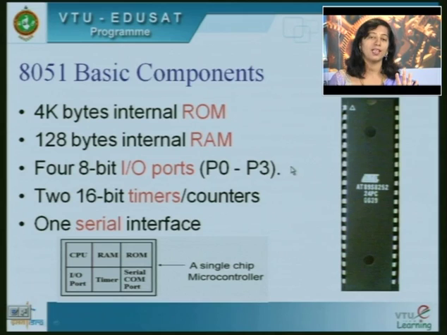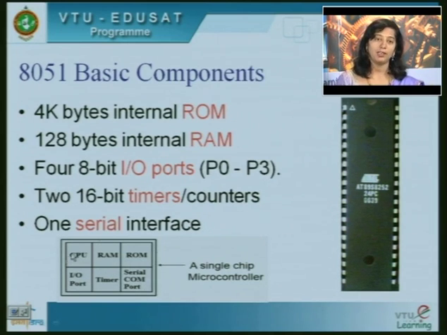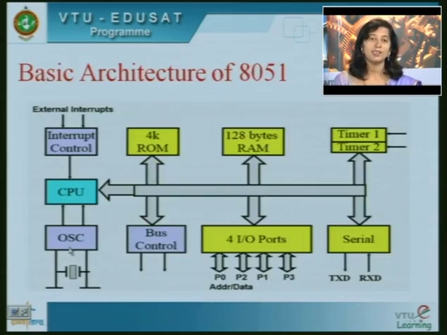So, 4 ports we are going to have, all are 8-bit, 2 16-bit timers or counters and one serial interface along with the CPU. These are the main elements present. Along with that we have many other additional elements present. So, you can see the basic architecture of 8051 will have all these things.